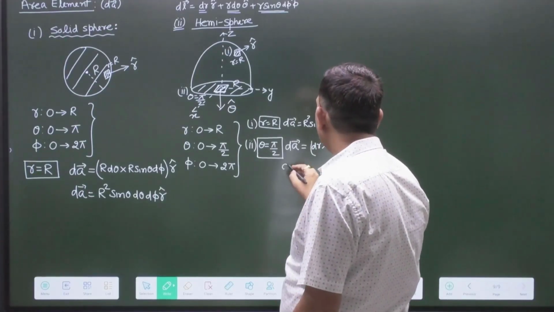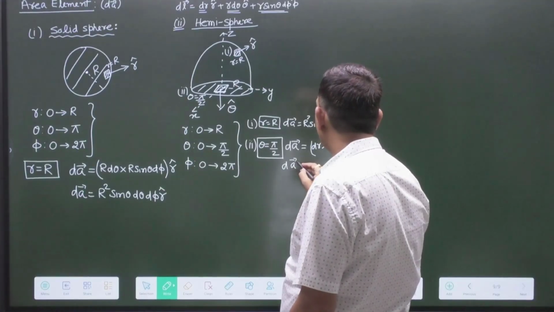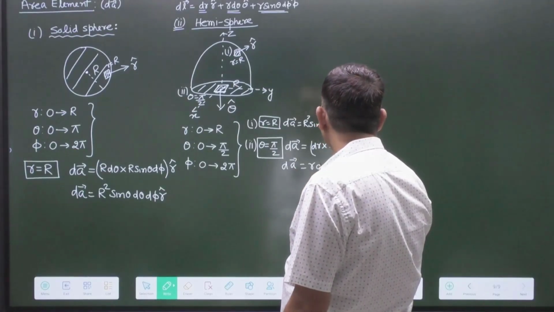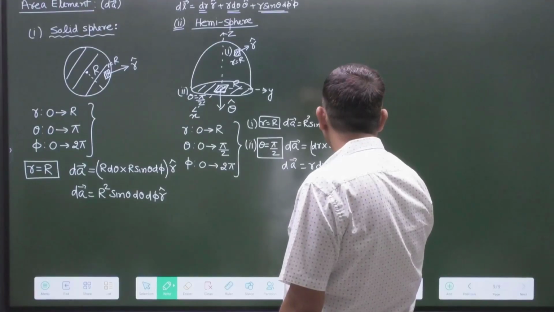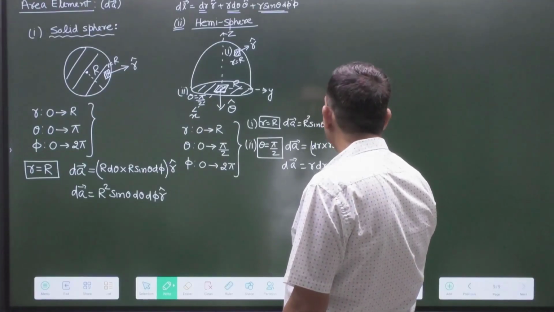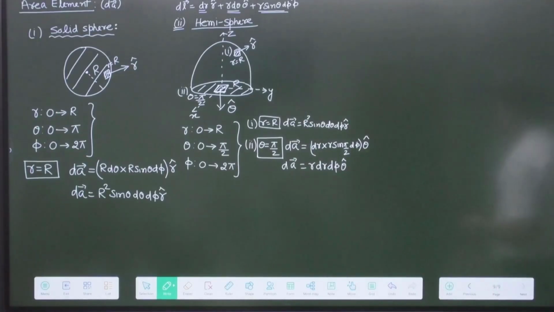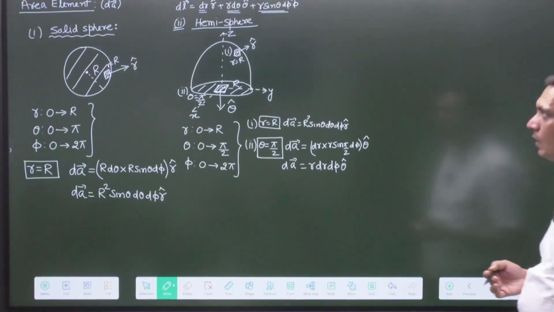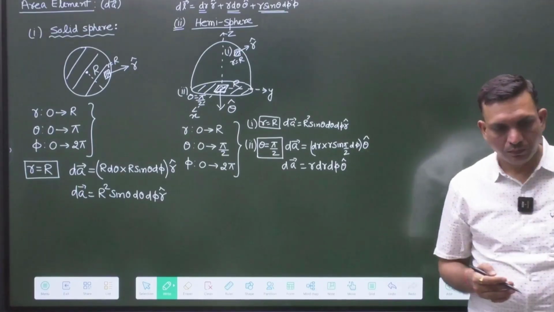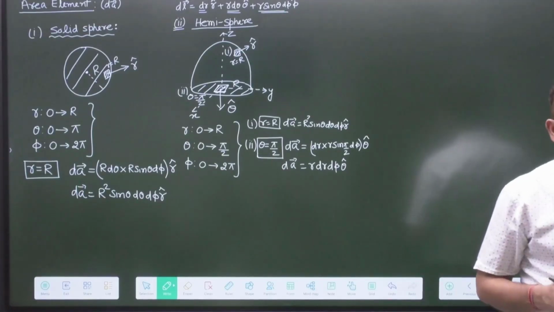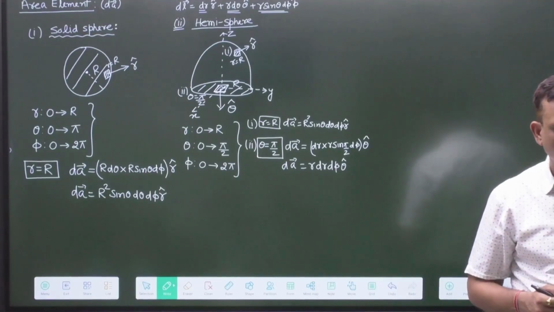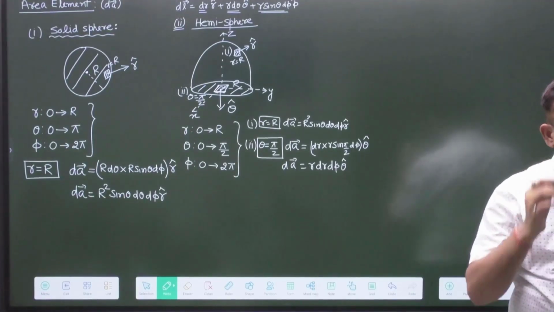So dA is given by r dr d phi. So this is dA on the XY plane. ठीक है?